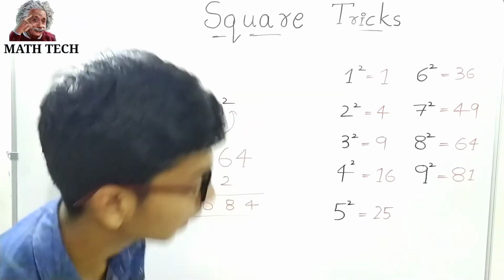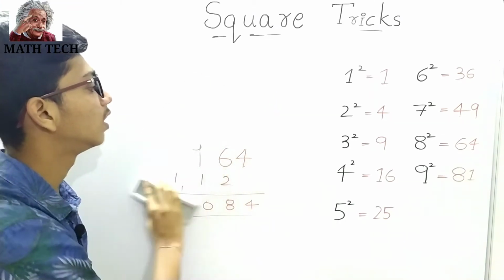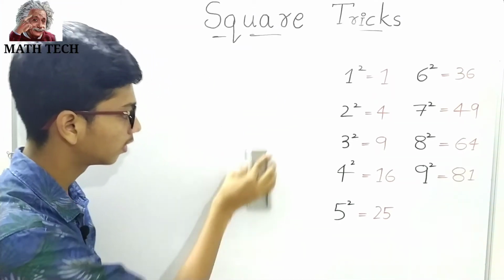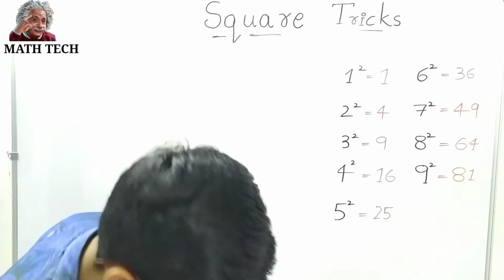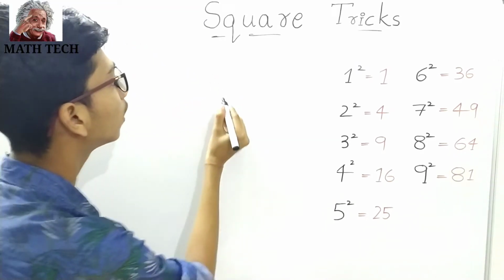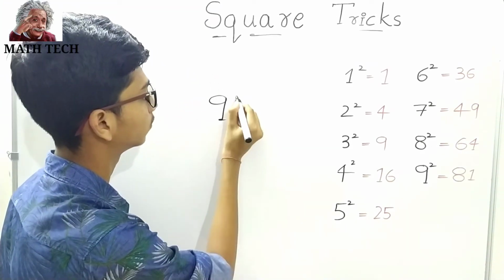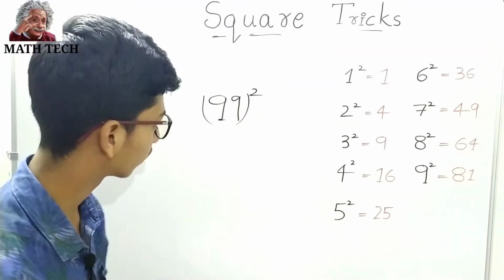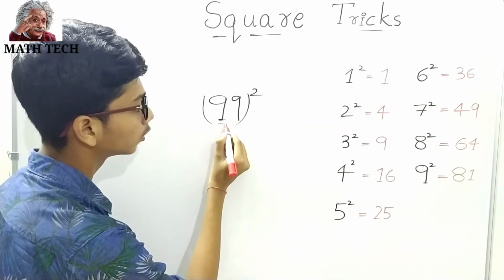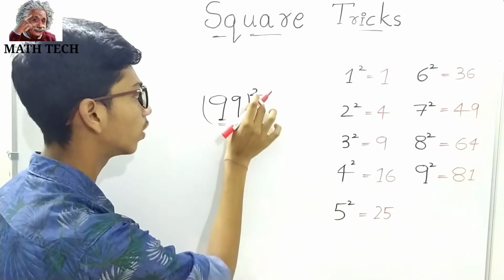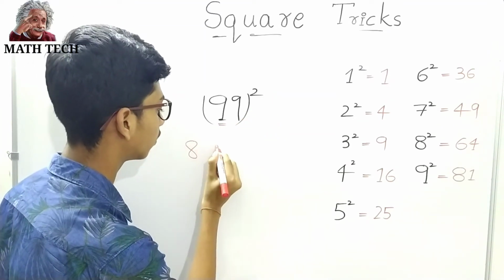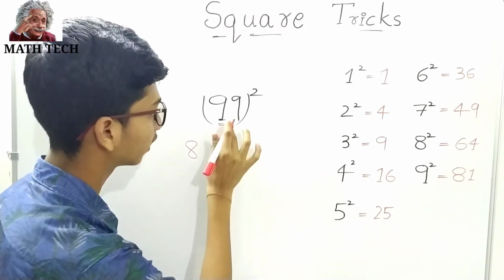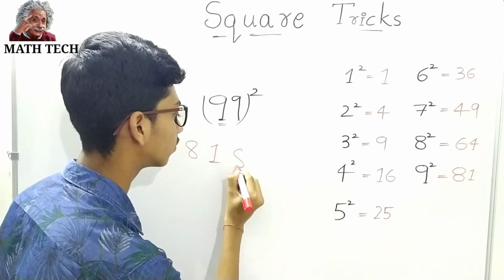The last example we consider is the last 2-digit number. Let's find the value of 99 square by this method. We want to find 99 square. First choose the tens digit term: 9 square is 81, and again 9 square is 81.